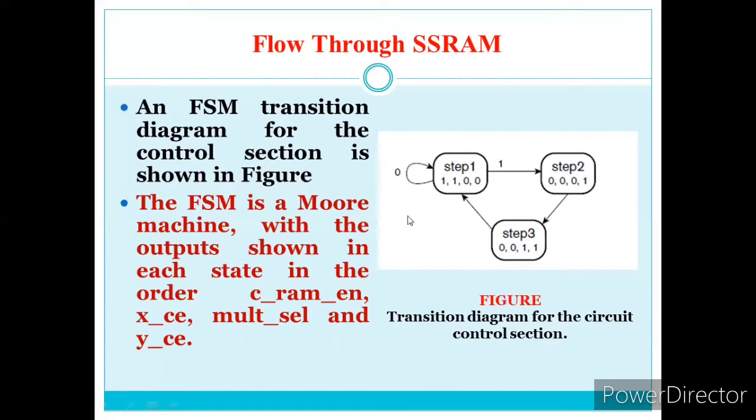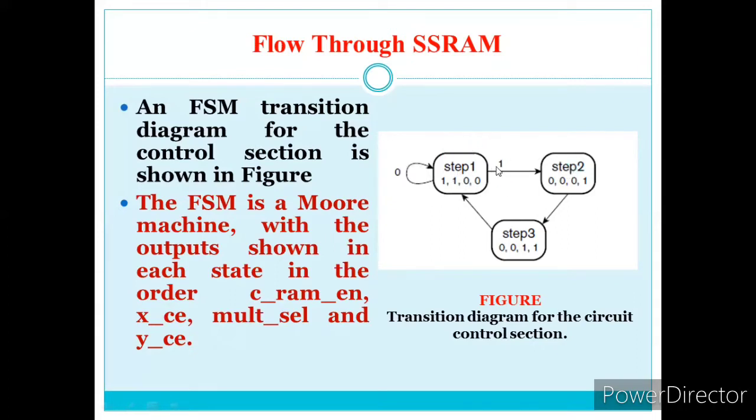Next is X, that is the D flip-flop input is 1. Chip input is 1, the multiplexer select line is 0, and output Y is 0. In the first step, it reads the data from the memory location and from the flip-flop of X, and then it goes to the output.